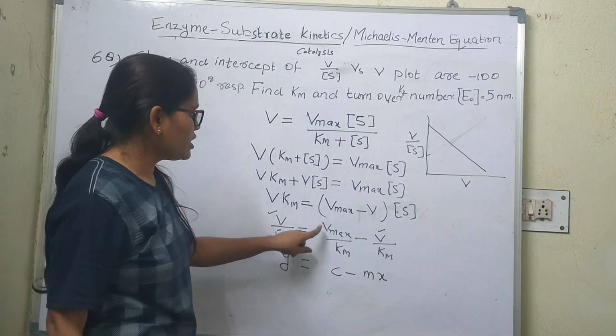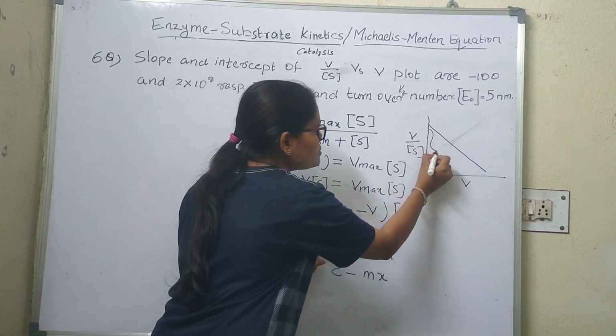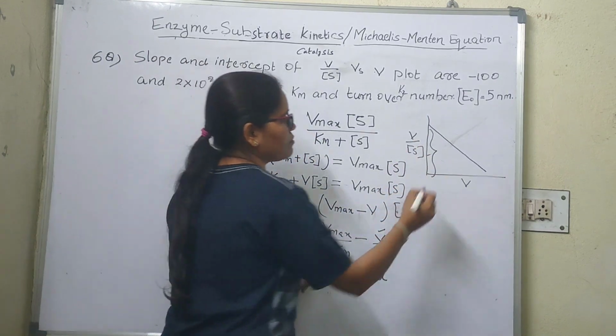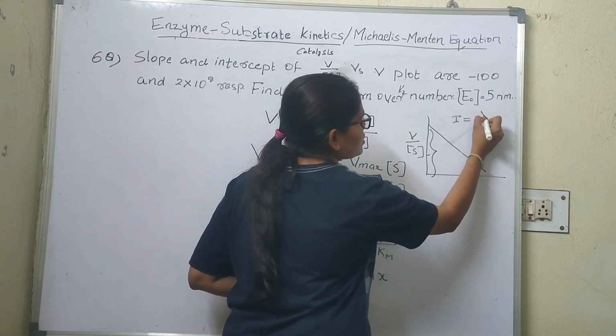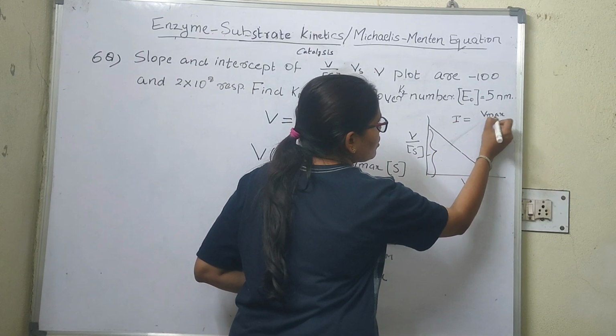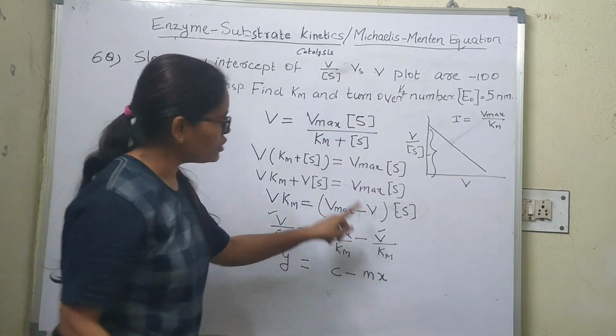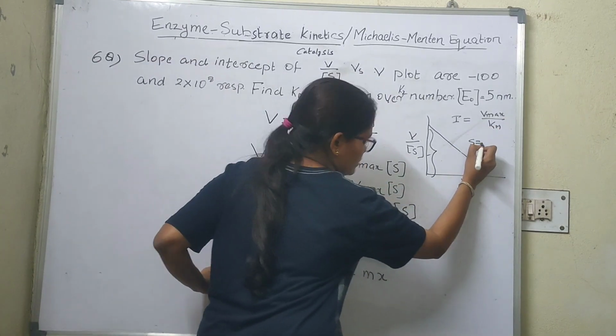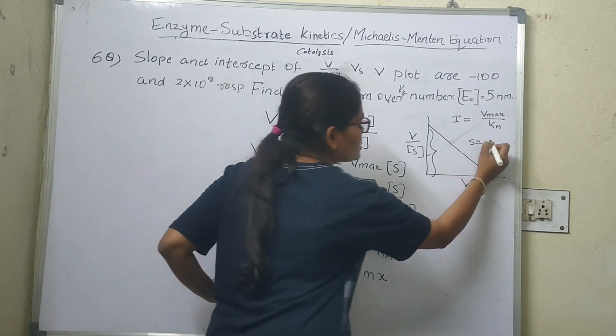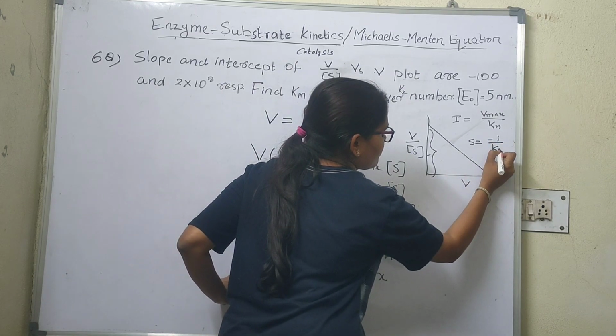From here you can clearly see that the intercept value is V max over Km, and the slope is negative, that is minus 1 over Km.